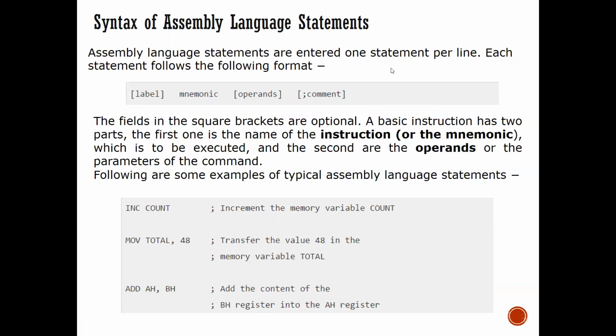A basic instruction has two parts. The first one is the name of the instruction or the mnemonic, which is to be executed, and the second is the operand or the parameter of the command. Following are some examples of typical assembly language statements. INC COUNT, increment the memory variable count. Okay.